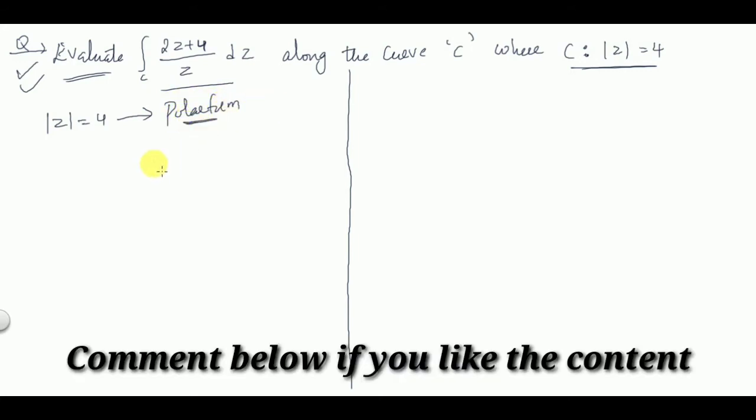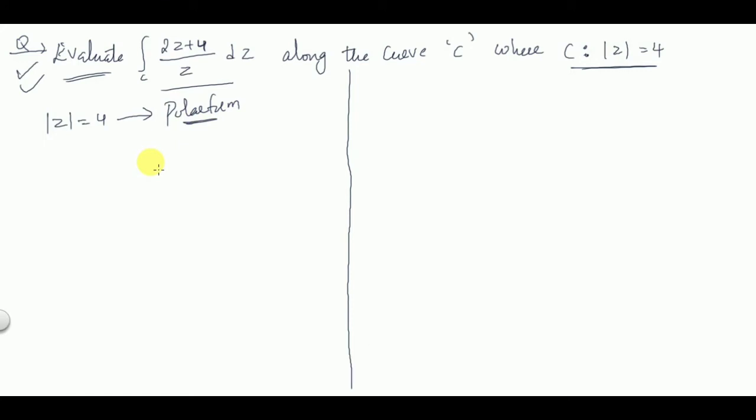Instead of solving using Cartesian, you can go for polar form, because z is equal to r e power i theta. So z is a circle of radius 4, right? Mod z is equal to 4 means z is a circle of radius 4 centered at the origin. So this radius is 4. This is minus 4, of course.